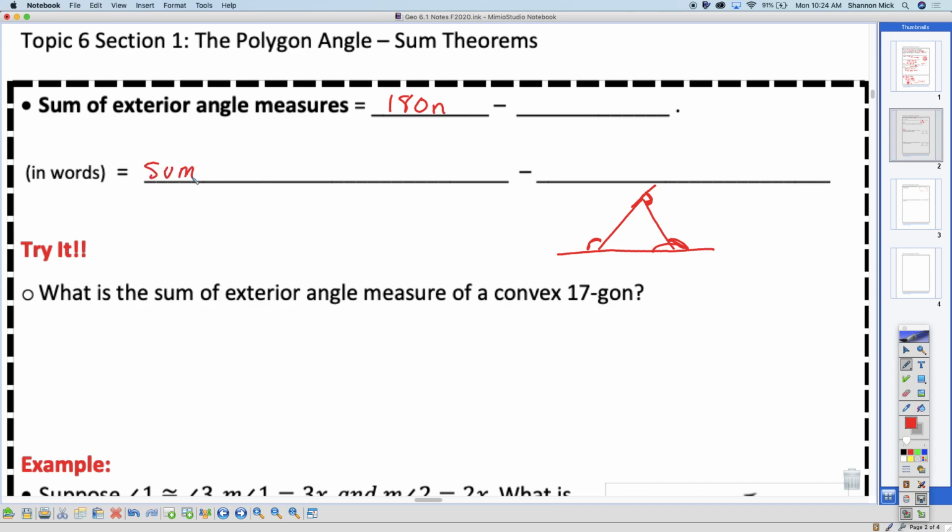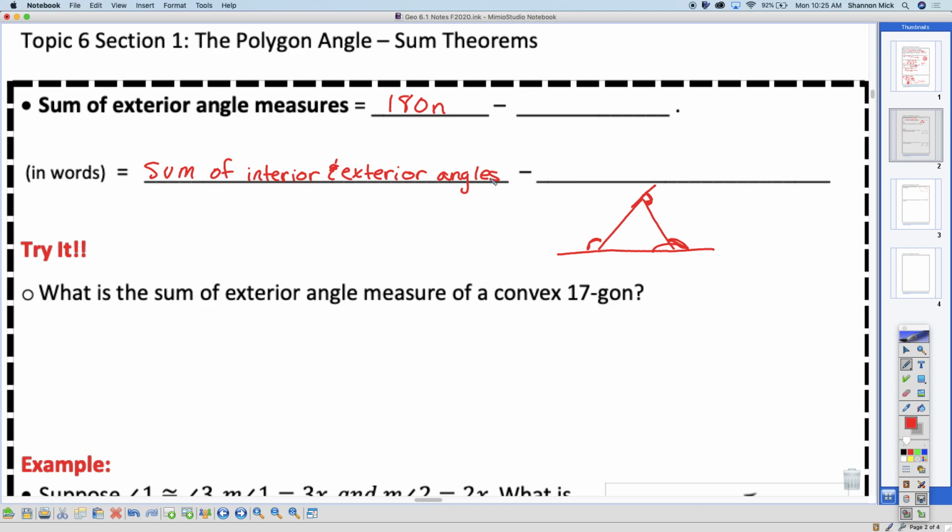Okay, 180n, we're going to put this in words too, is the sum of the interior and exterior angles. If you need to write underneath the line, write underneath the line. So that's what 180n equals: the sum of the interior and the exterior.